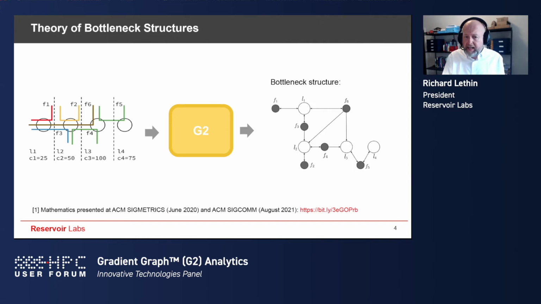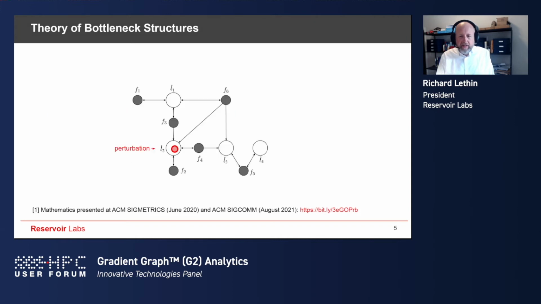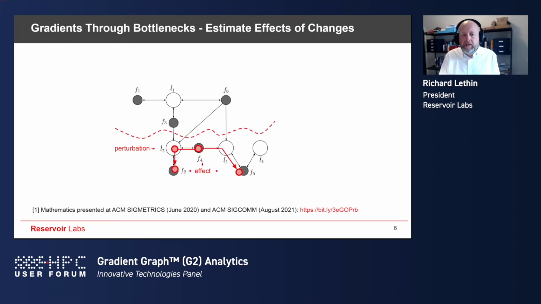And it's a DAG, and that allows us to calculate the effects, because it's not just the bottleneck structure statically, there's a kind of gradient that we can compute, and that allows us to do things like, if there's a perturbation on a link, what happens to the various flows that not just cross that link, but then the links that the affected flows also cross, and then downstream other flows.